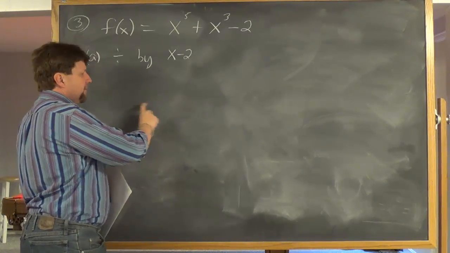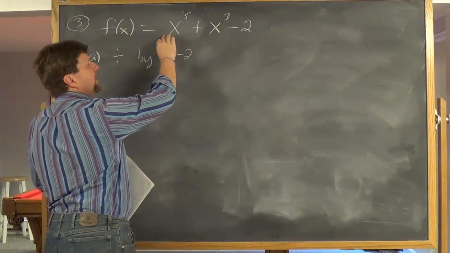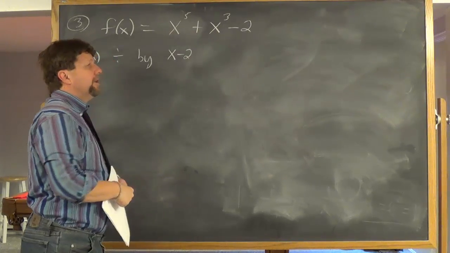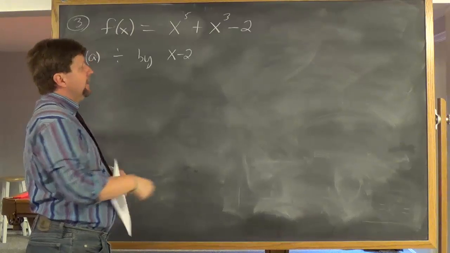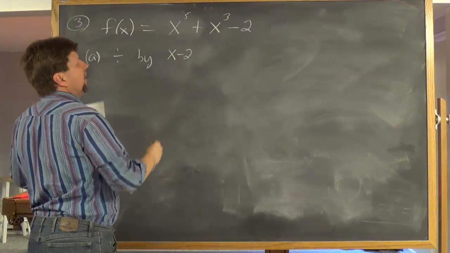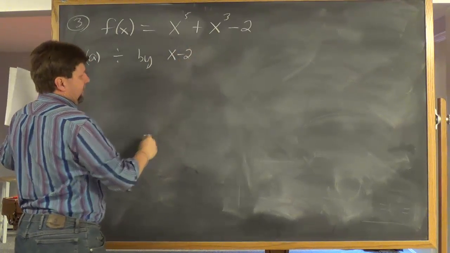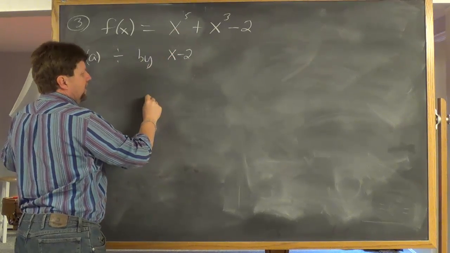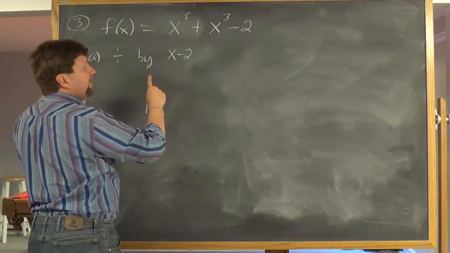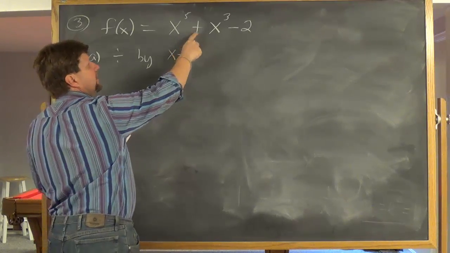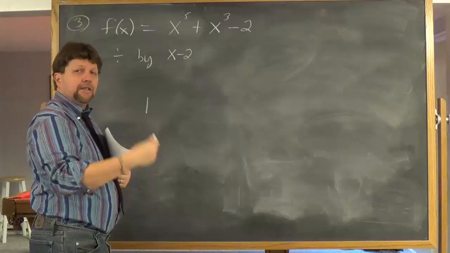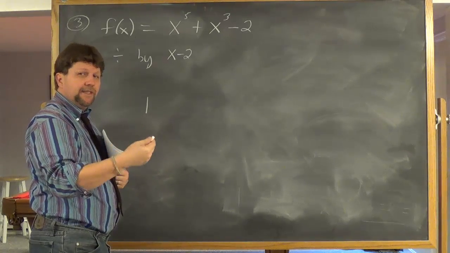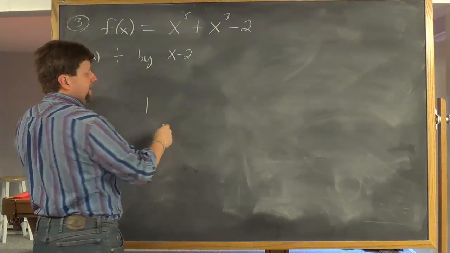You want to list the coefficients of the function that we're going to be dividing. So x to the 5th, the coefficient is 1. Now the x to the 4th term, since it's not in there, has a coefficient of 0, and I have to include that 0.